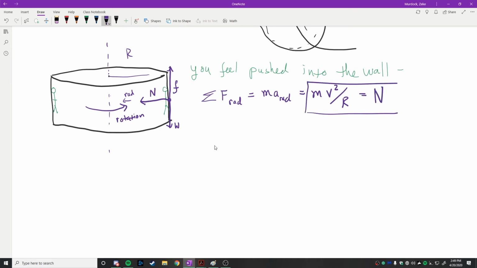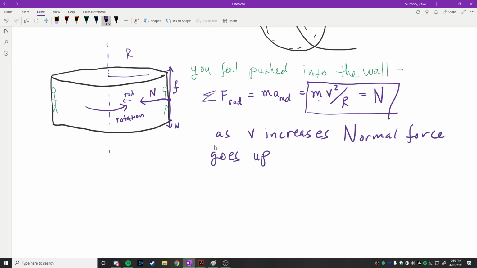And as v increases, the force you feel increases as well. Your mass doesn't change, the radius doesn't change, but as it spins faster and faster, the normal force goes up, and so you feel pushed into the wall.